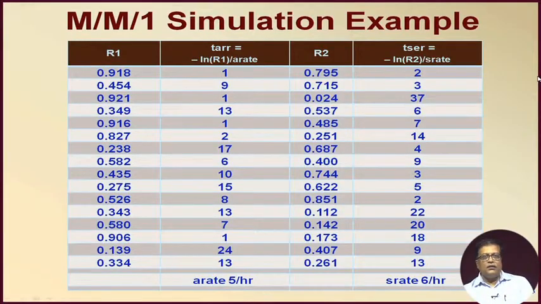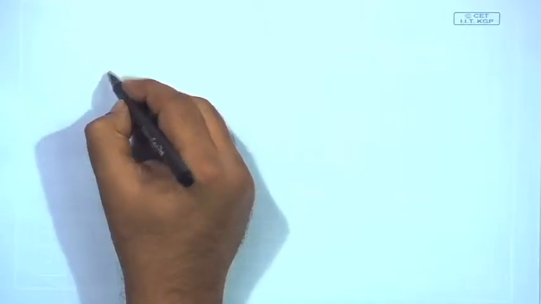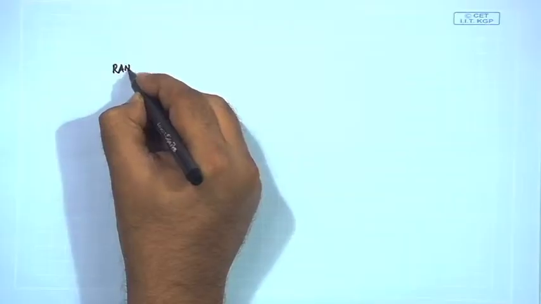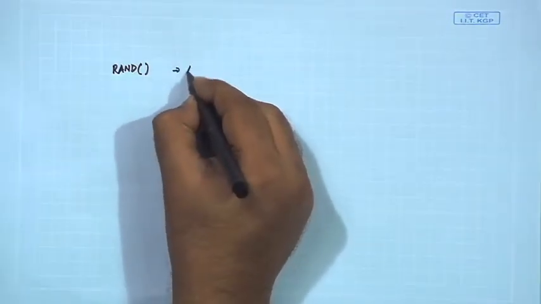Again, in this case you will see that we are going to have a set of random numbers. In fact, in this example that you are seeing, these are generated by Excel software, and in Excel there is a simple function that is called RAND. So, if you use the RAND function, then a random number is generated.